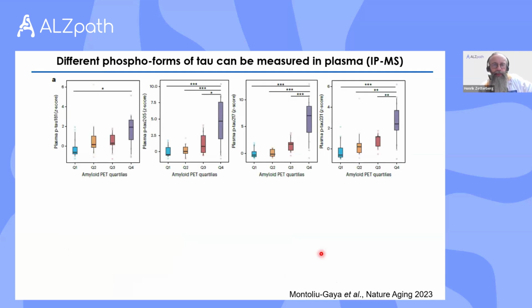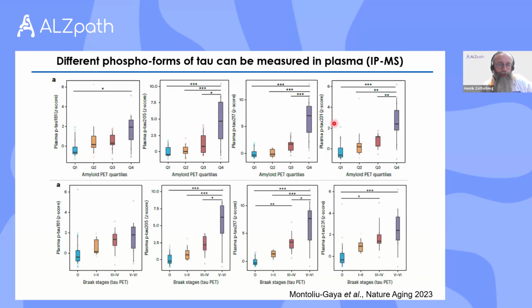Here you see different phosphoforms of tau that can be measured in plasma. Here is the immunoprecipitation mass spec-based assay. Again, plasma phosphorylated tau at amino acid 181 has this type of increase with amyloid PET quartiles. 205 is a very interesting marker that is discussed a lot also, showing a similar change, and 217 increases with disease progression, whereas 231 again has this type of relatively quick increase, but not much more further.